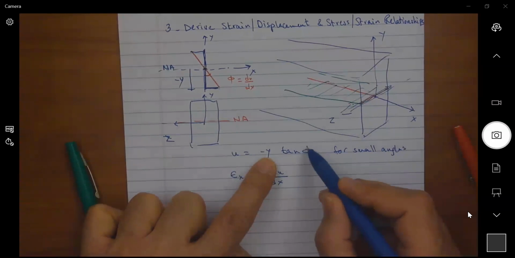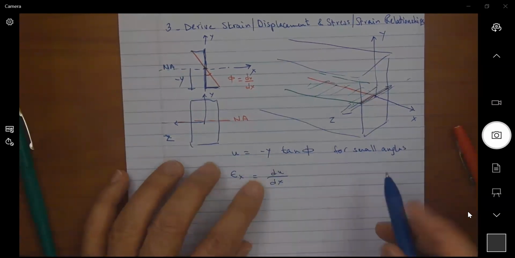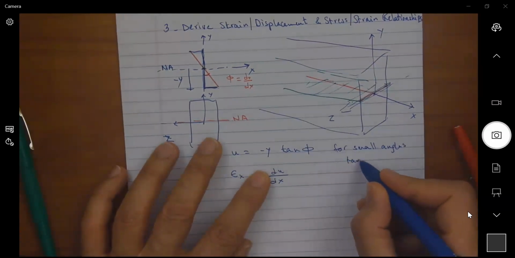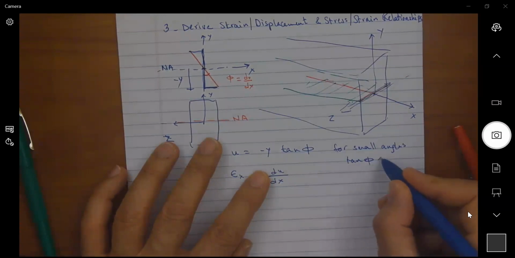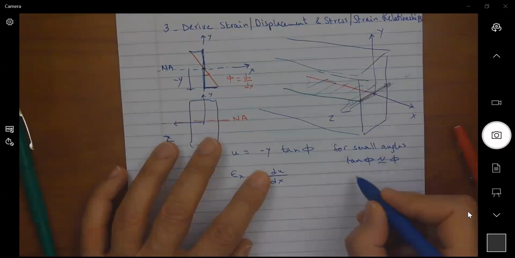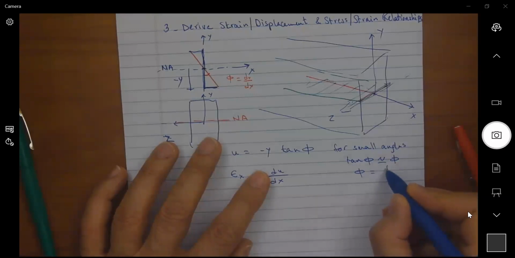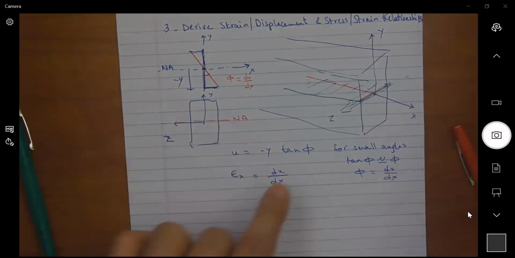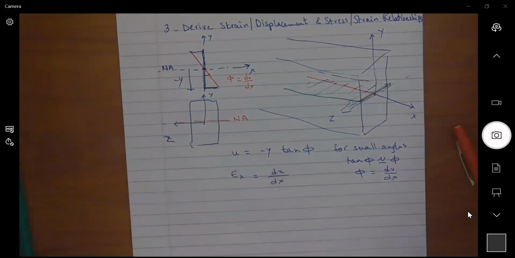For small angles, we can say that tan phi is approximately equal to phi. And phi is equal to dv by dx. So I come here in this equation.